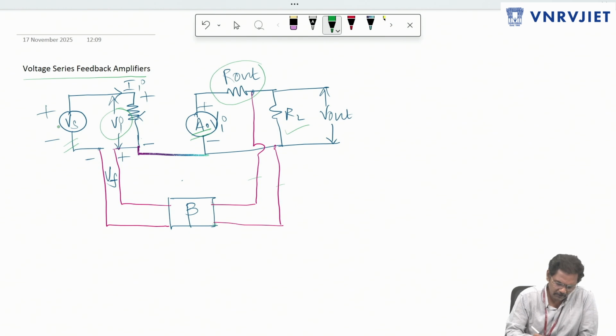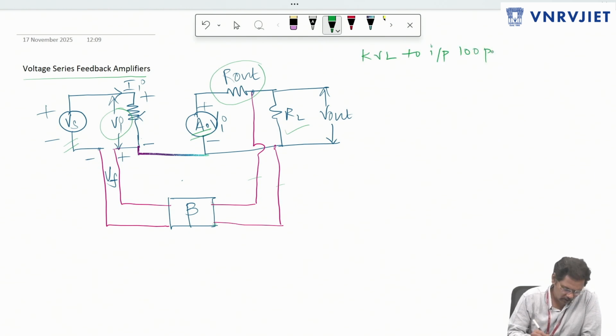Now if I write KVL to the input loop, Vs is equal to Vin plus Vf, right? Now what are the things that we have to see?